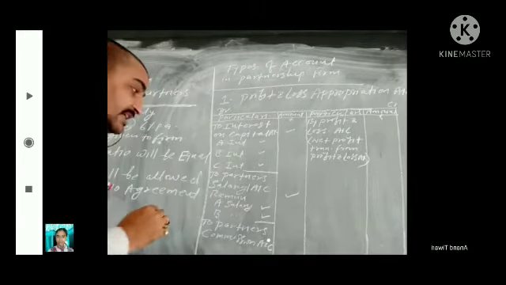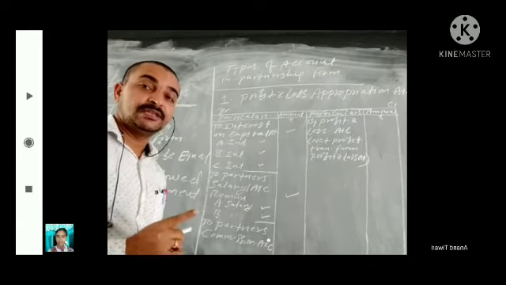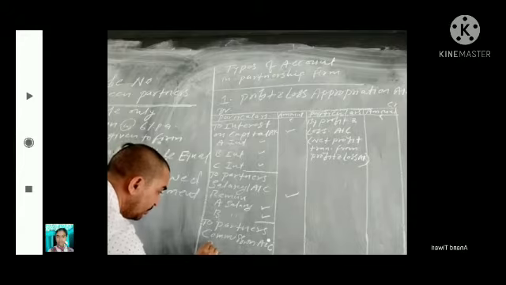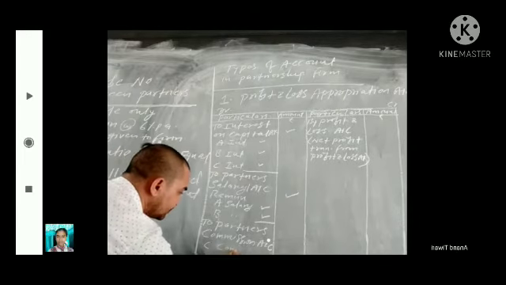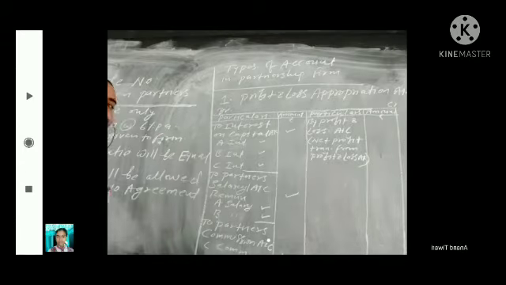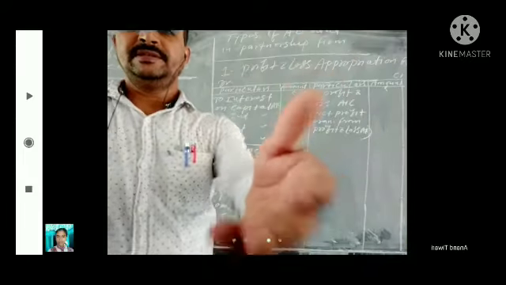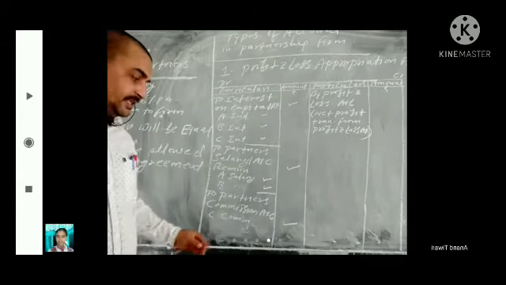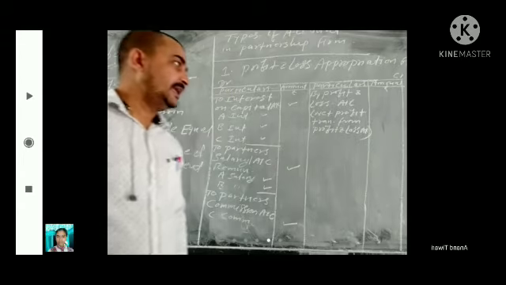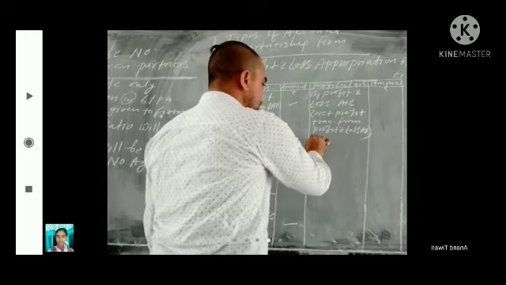If it was agreed, then partners are allowed commission. Suppose C is allowed commission, so you have to write C commission. That you have to show here. Is it clear?